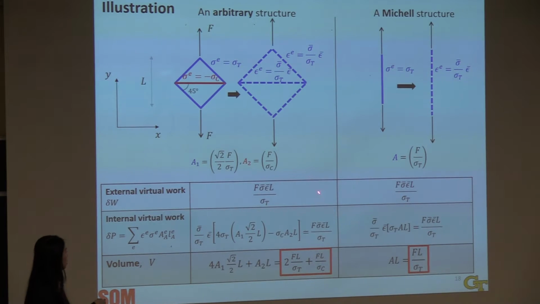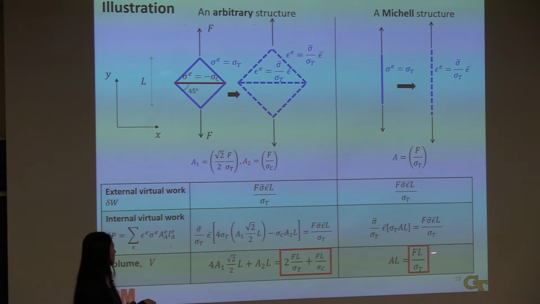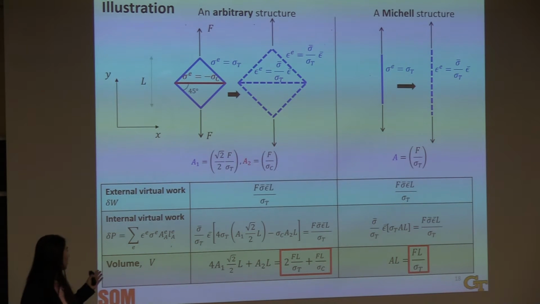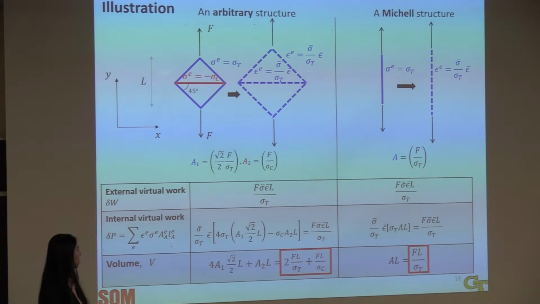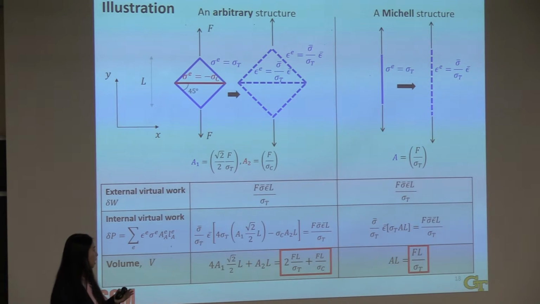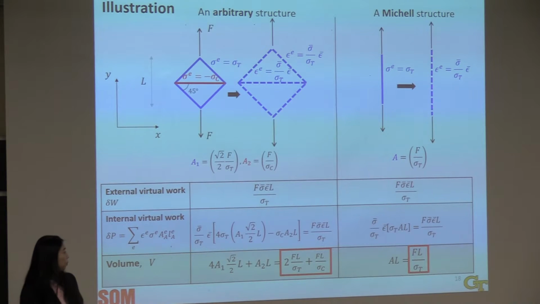So these values should be the same. But if we calculate the volume of each truss, if they are fully stressed, then we obtain that the volume for the Michell truss is always smaller than the arbitrary truss.